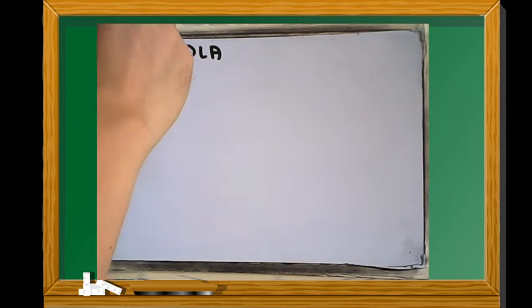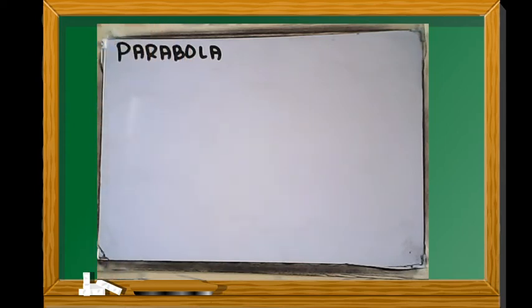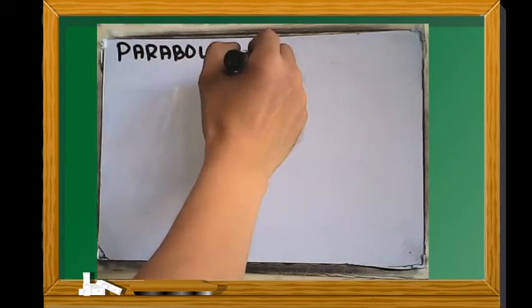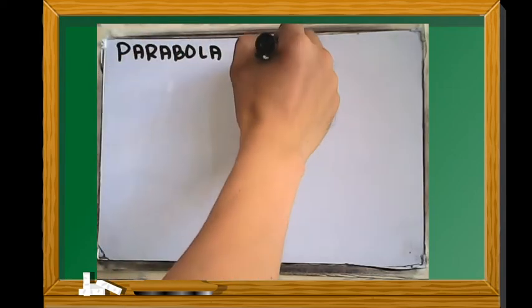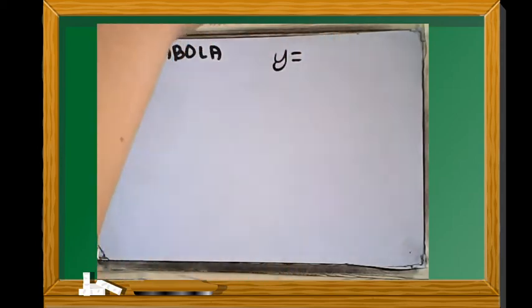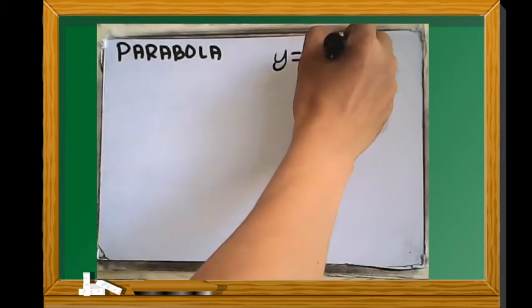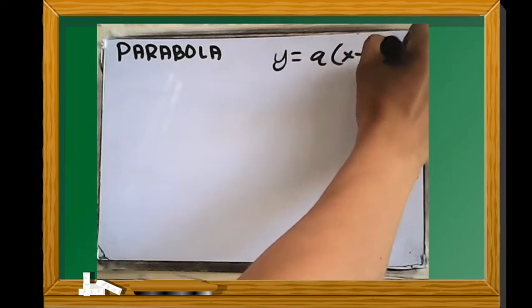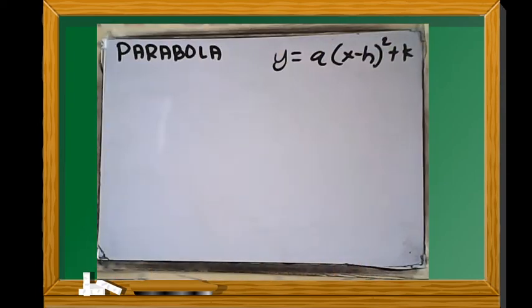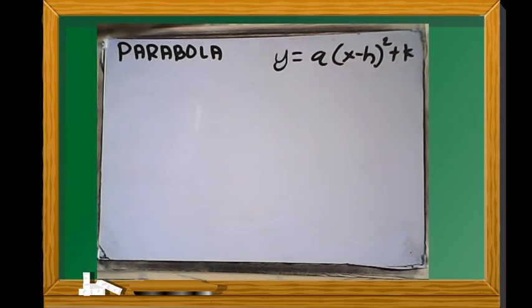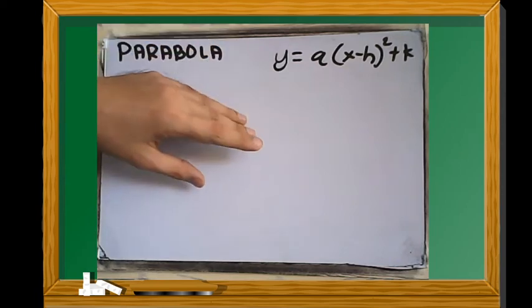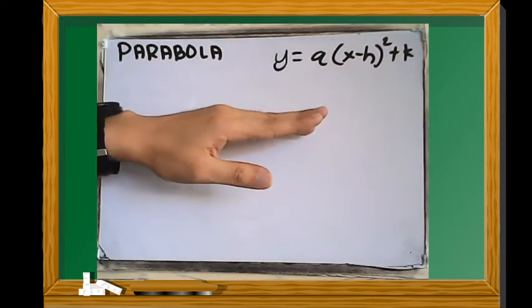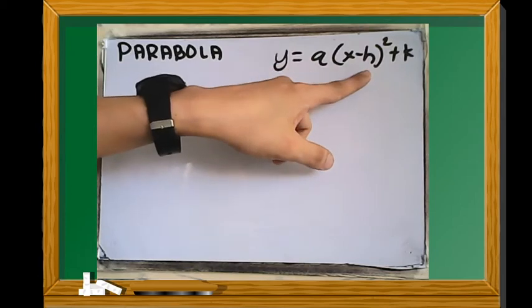Example number 1. So I will just write the standard form. So y is equal to a quantity x minus h squared plus k. So from general form, we're going to translate it to standard form, because in standard form, we can easily identify the vertex.